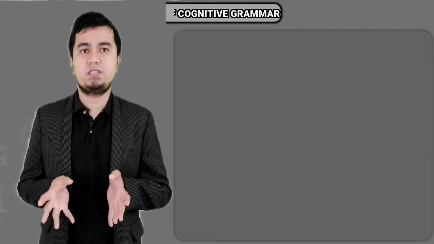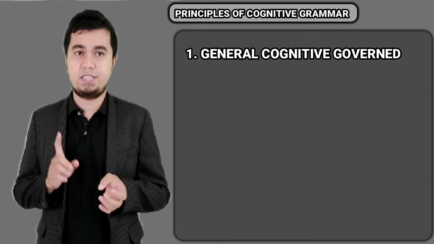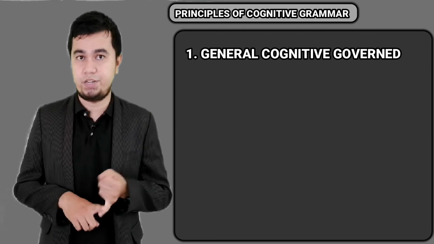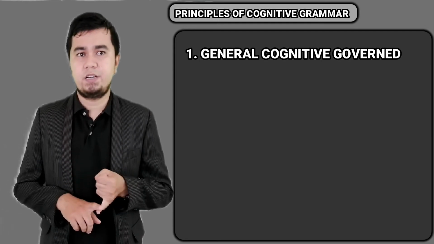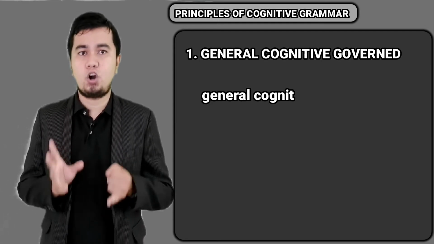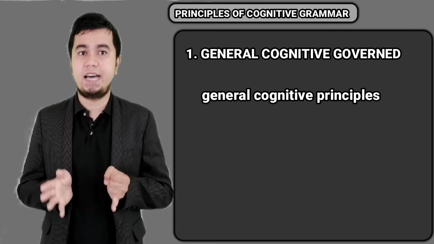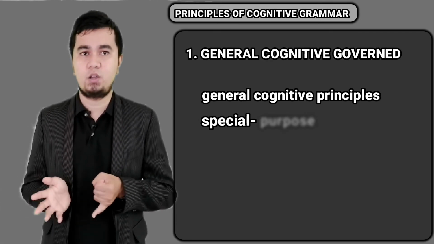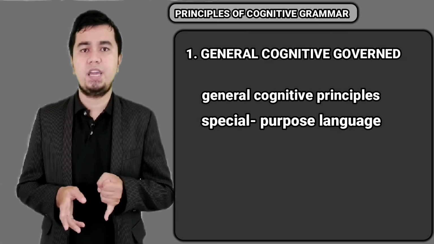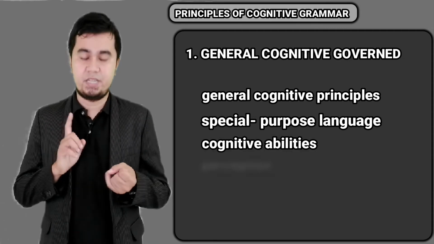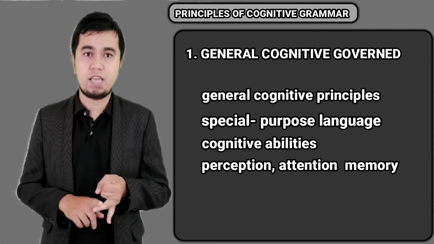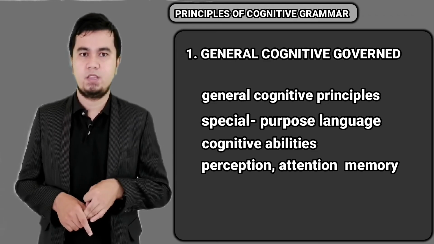Now we have the principles of cognitive grammar. First, it is general cognitive governance. What do you mean by this? Language is governed by general cognitive principles rather than special purpose language rules. So in here, language is a cognitive ability like perception, attention, and memory.